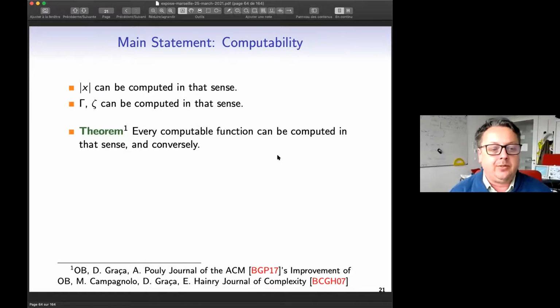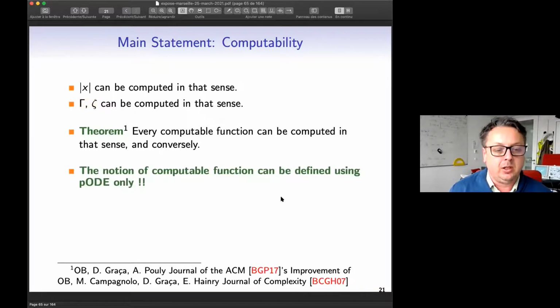And after this result of Daniel Graça, proving that this famous counterexample could be actually computed by a GPAC, we got to the question, can we prove this model to be universal in the sense of Turing machine? And the answer is yes. Actually, every function that you can compute using a Turing machine can be computed by a GPAC, and conversely. So the model is universal.